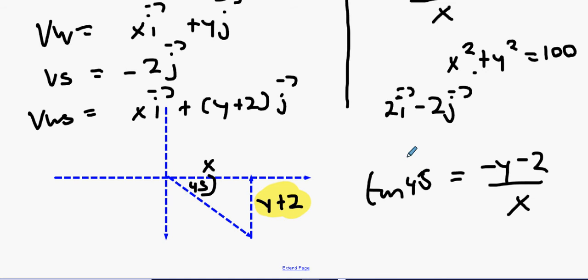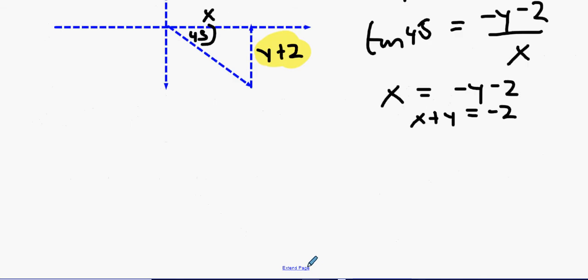Tan 45 we all know is 1. Move it over, you're going to get x equals minus y minus 2. X plus y equals minus 2. We all cool with that? Alright. Okay.